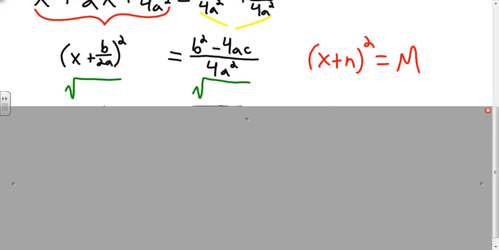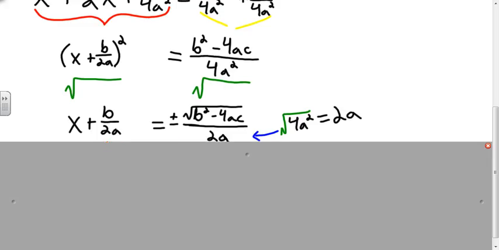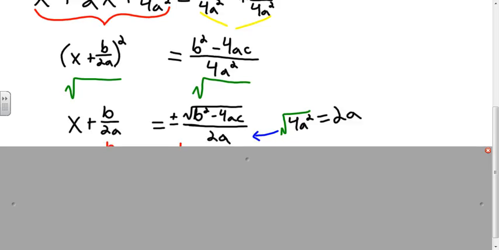First we take the square root of both sides, so that we're left with x plus b over 2a equals positive or negative square root of b squared minus 4ac over 2a. Now we use 2a because if we applied that square root to the denominator, it would become the square root of 4a squared, and we could break that down into 2a. Square root of 4a squared is just 2a.